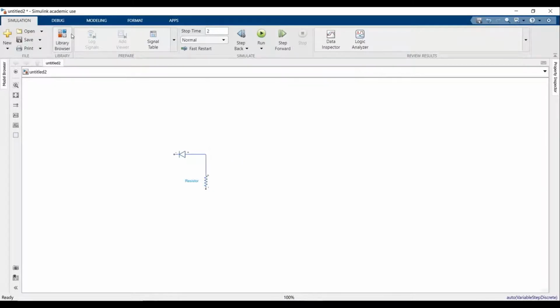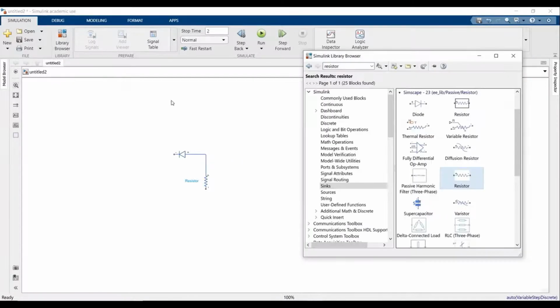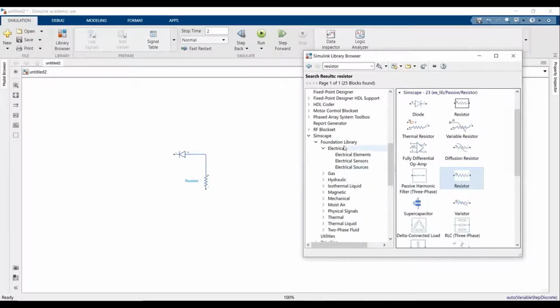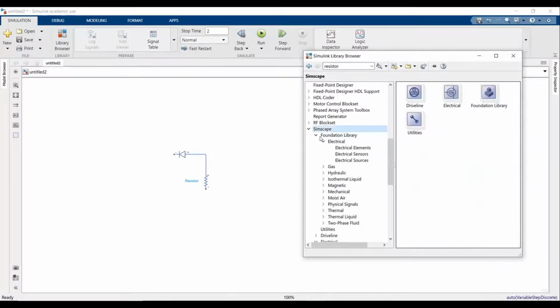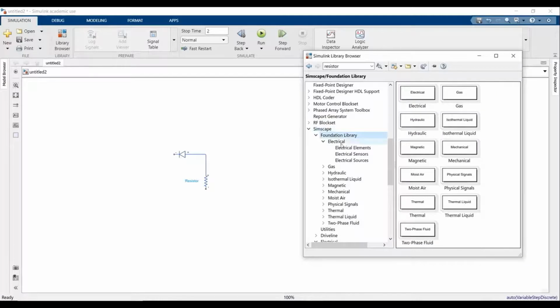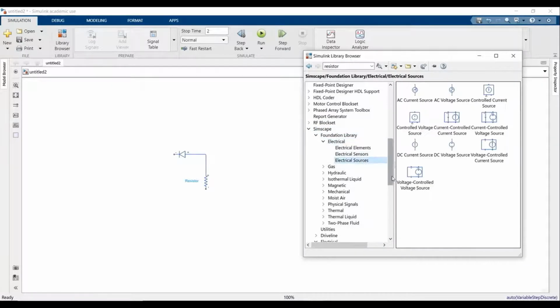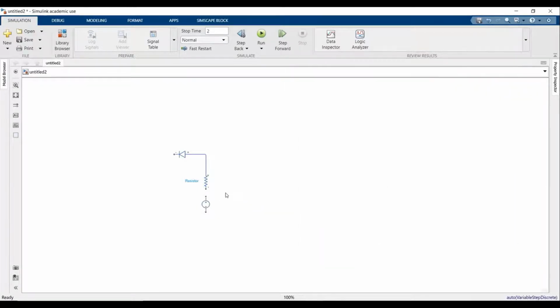Okay, next we need a DC voltage source. So we can't take the source from here. So we have to go back to our Simscape Foundation library, electrical. You can see that there's electrical source here. So we want a DC voltage source. Then connect this.